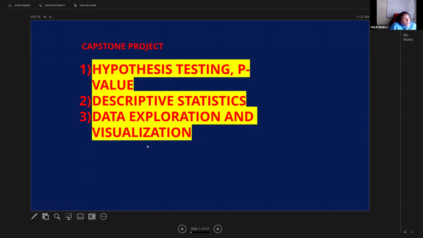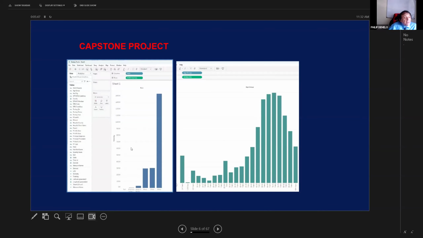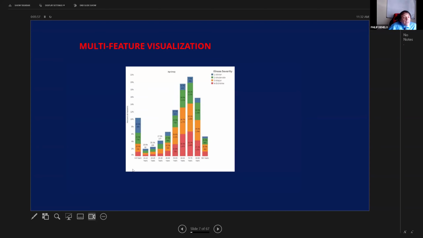For visualization, they use Python and Tableau Desktop. They work with large observations and many features. They do correlation analysis, they work with multi-feature visualization, and finally we teach them how to write reports. So they write reports, and they pass exams at the end of the 4th week of training.